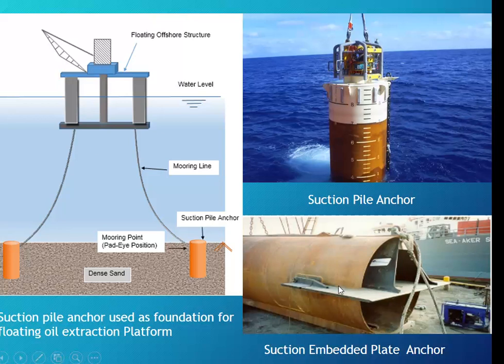The second type of anchor is the plate anchor, the suction embedded plate anchor, called SEPLA. The SEPLA consists of a plate anchor attached to the tip of a hollow caisson, and the suction installation is very similar to that of the suction caisson.